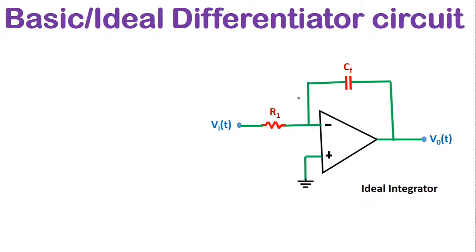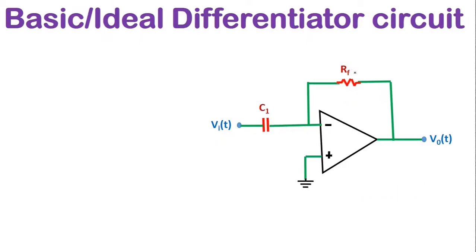If we interchange these components, then the differentiator circuit can be produced. That means if the resistance is replaced by a capacitor and the capacitor is replaced by a resistance, then the circuit of the ideal integrator is converted into the ideal differentiator circuit.